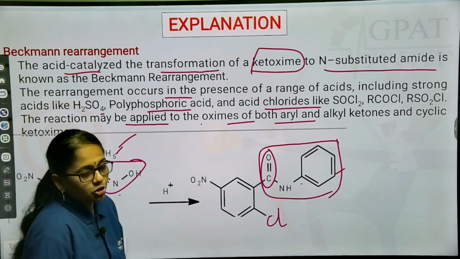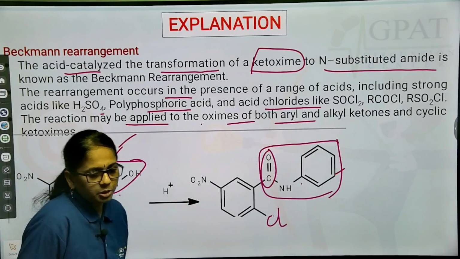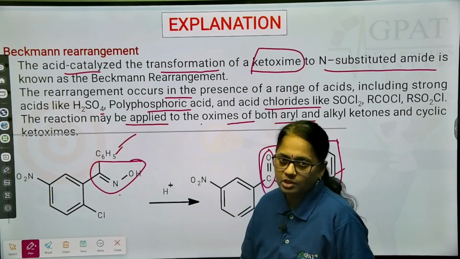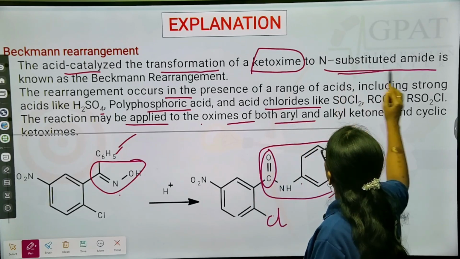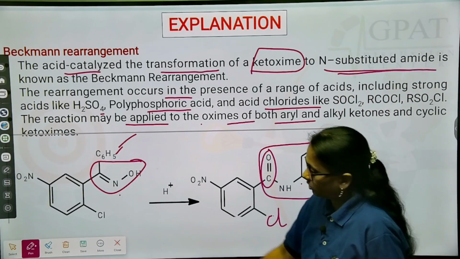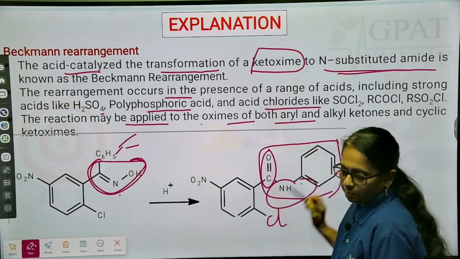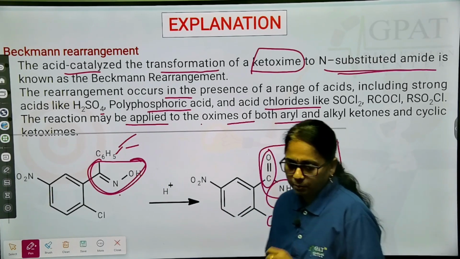So when such compounds are catalyzed by any type of acids, you are going to see the transformation of these ketoximes to N-substituted amides. So this is the ketoxime and you are going to see the amide containing compounds. So, this is the Beckmann rearrangement.